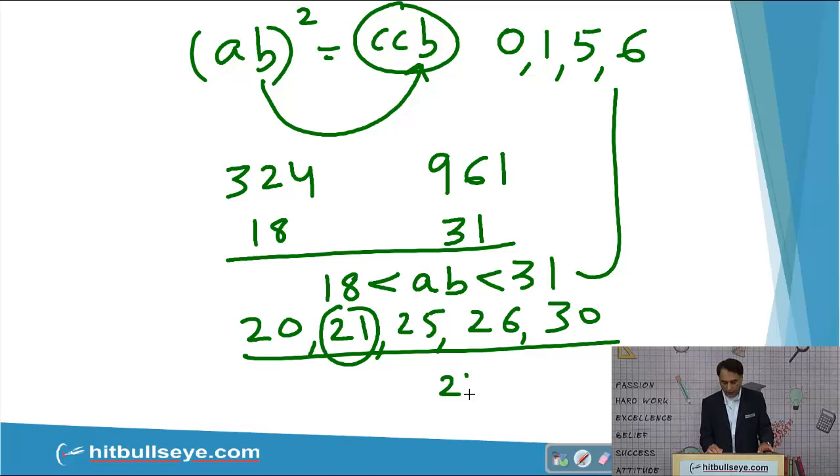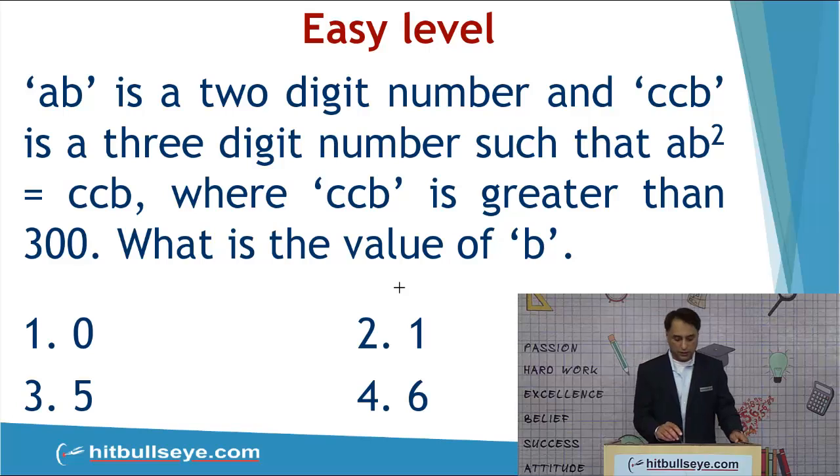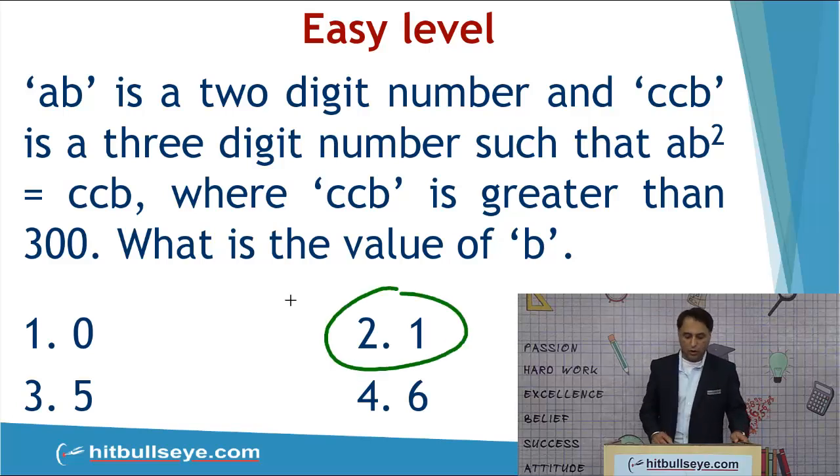So 21 square is equal to 441, or AB whole square is equal to CCB. So we've been able to get the values of A, B and C as 2, 1 and 4 respectively. And going back to the options, we understand that the answer is therefore option number 2, which is 1.